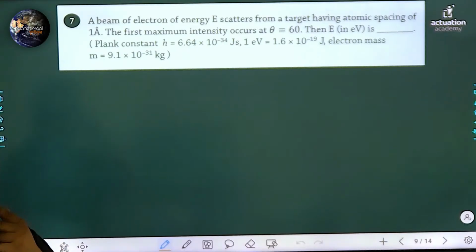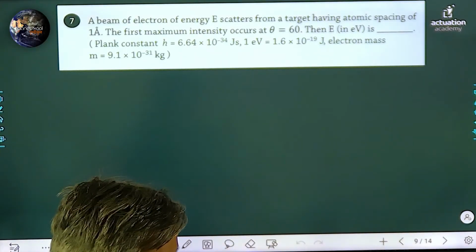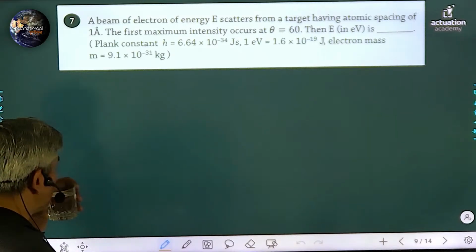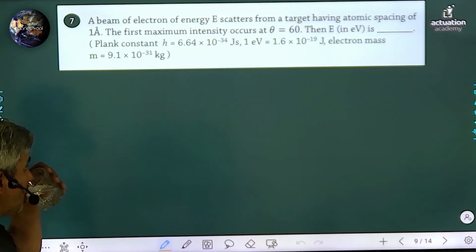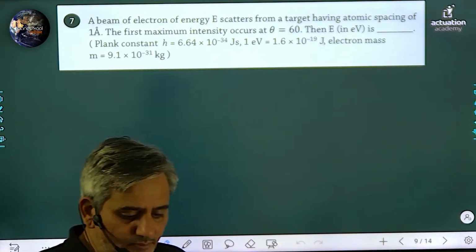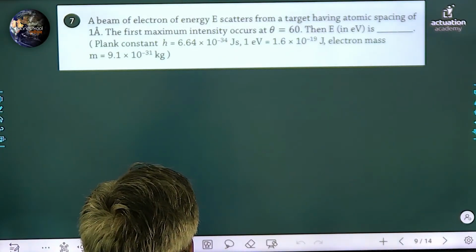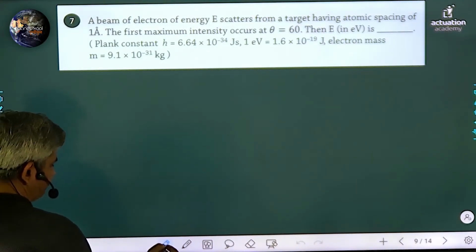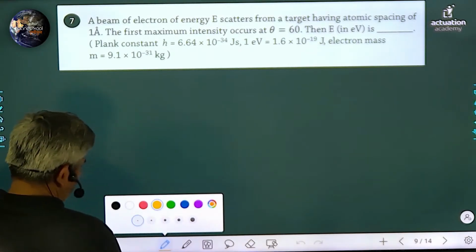Question number 7. A beam of electron of energy E scatters from a target having atomic spacing of 1 angstrom.